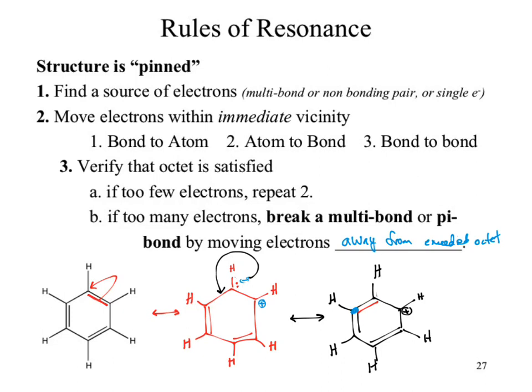We're going to move those electrons. How do we move electrons? Bond to atom. Okay? So I could say, well, I'm going to move those electrons like that, just like we did in the previous system. The problem with this is that this black structure is invalid, which means I'm not allowed to draw it.